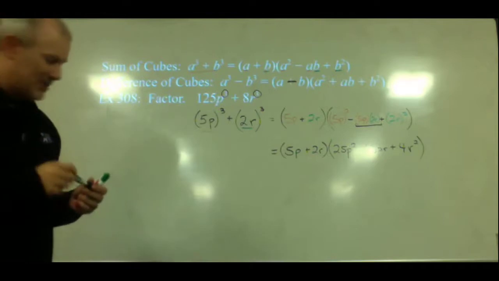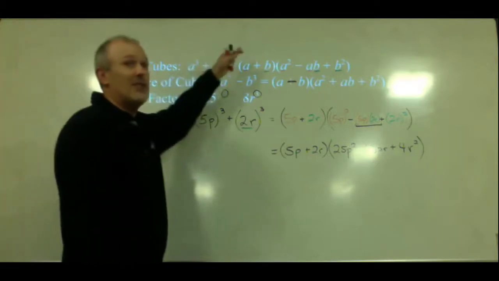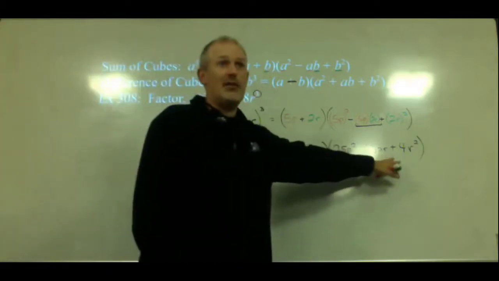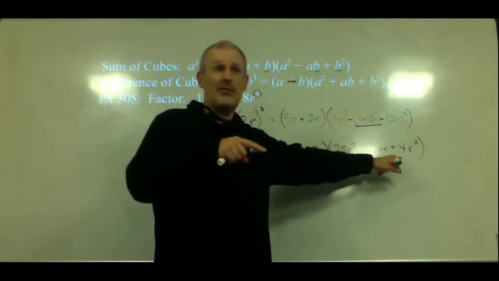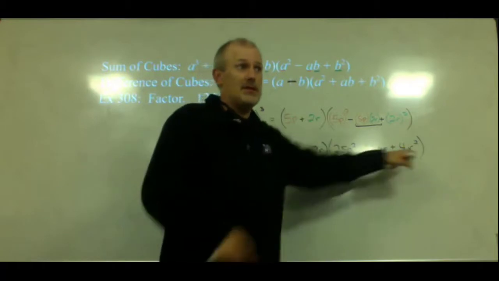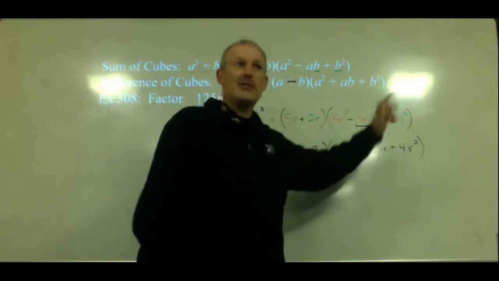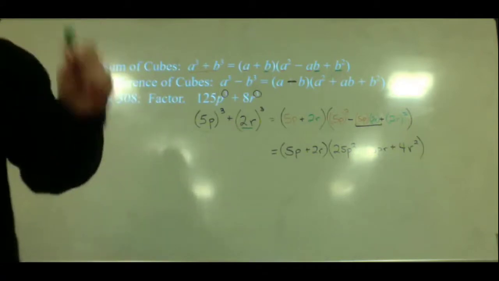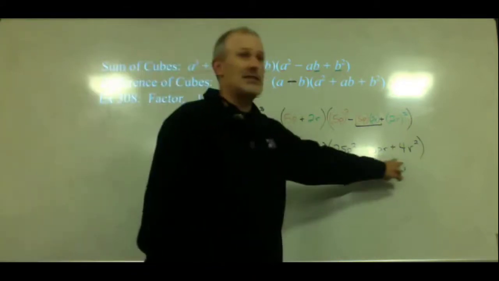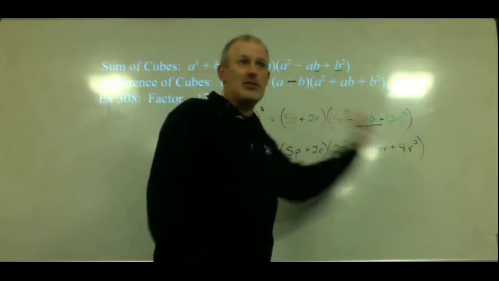The other thing I haven't mentioned yet is when you use these two patterns, you will never be able to factor this. I don't know if you remember with the last one, it looked maybe like something that we could have factored. The second part of the answer, it was x squared plus, I don't remember what it was, but it's on your last example. Those will always be prime. You won't be able to factor this. So if you use this pattern, you just do this and you stop.